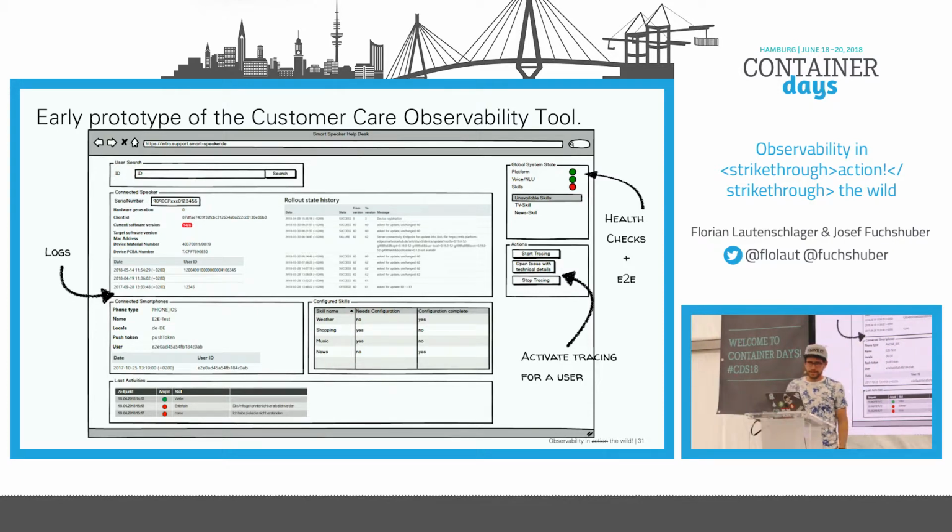So the idea is tracing is by default deactivated. If a user calls, they can activate tracing for this user, and it's written to the access token, and every mobile app or hardware device that is using this access token should start tracing if the tracing flag is true.